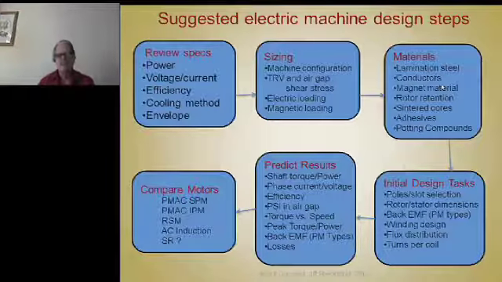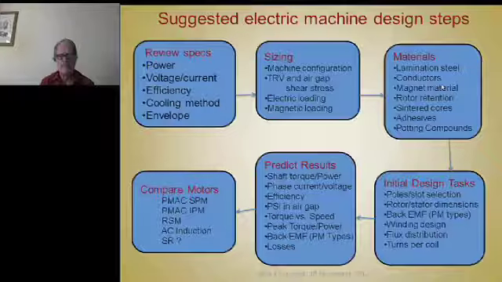Then the next step is to pick the materials required for this machine design. By materials we mean active magnetic materials, not materials associated with mechanically packaging the machine, although those materials do come into play when you get into the thermal aspects of the design. There's a lot of choices of lamination steels to be made, and not too many choices with conductors.